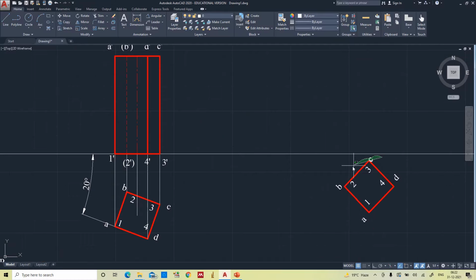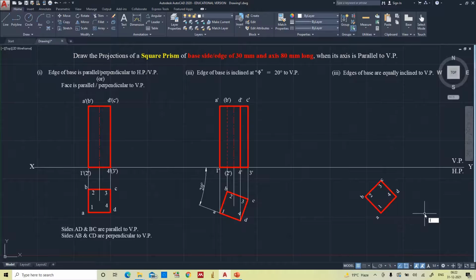It moves up, just I'll lower it. Okay, so now I'm going to make the projectors. 80, 80, upper base and the lower base.